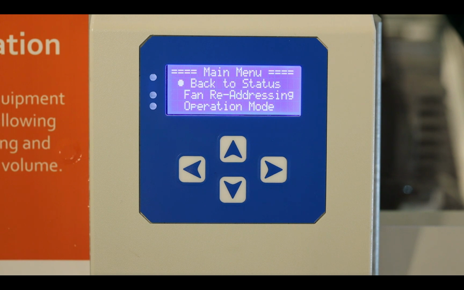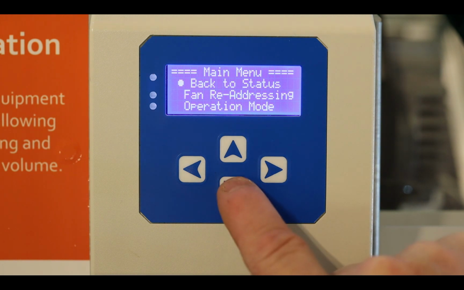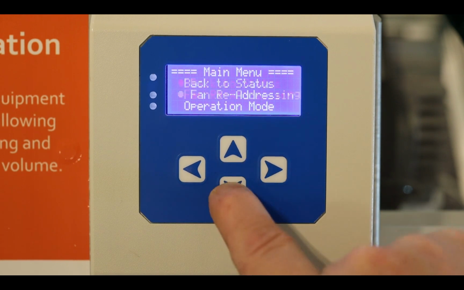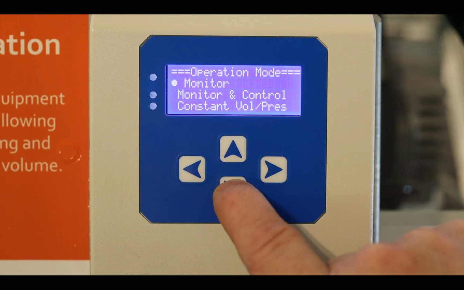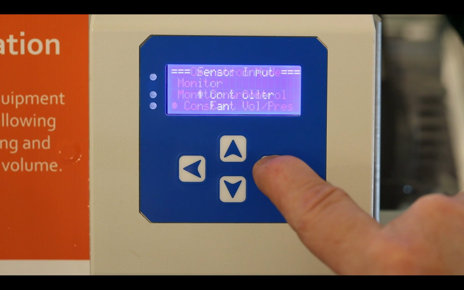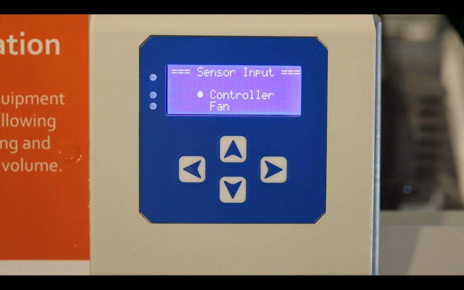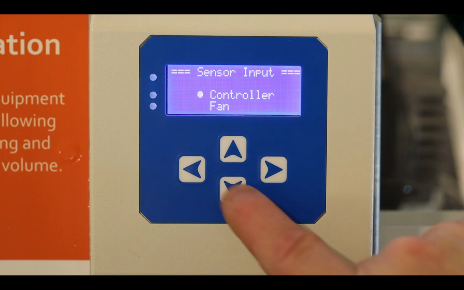Choosing the operation mode option, we can select constant volume or constant pressure. Where multiple sensors are being used, the pressure transducer should be set to read at the fan analog input.